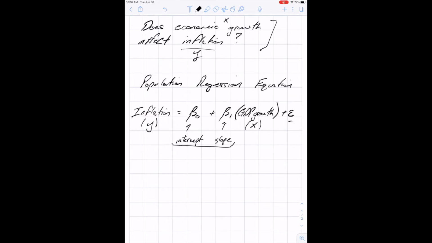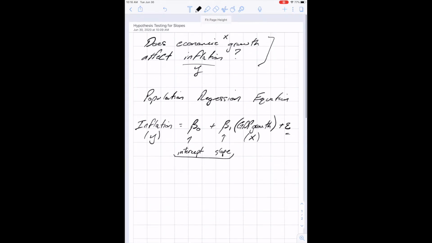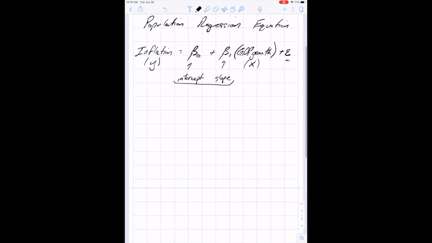The answer to that research question would be yes if beta 1 is anything other than 0. So that's going to help us with the topic of the video, which is hypothesis testing. So we have a null hypothesis and an alternative hypothesis. Beta 1, that's our unknown population slope.